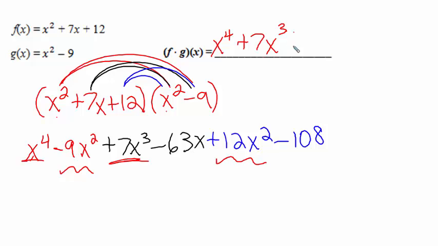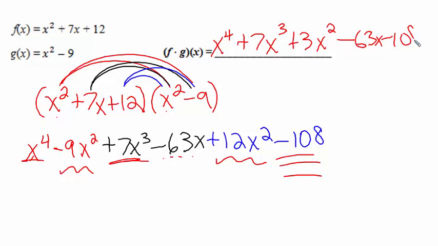Those combine to a plus 3x squared. Then a minus 63x that won't combine with anything. And finally a minus 108 that won't combine with anything. So this 1, 2, 3, 4, 5 term answer is it for that part.